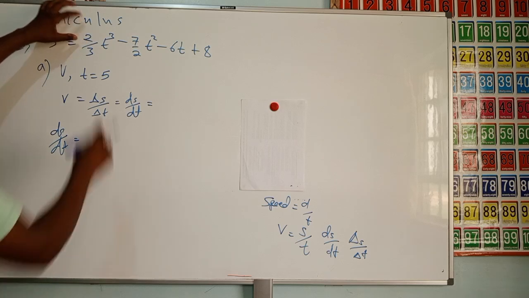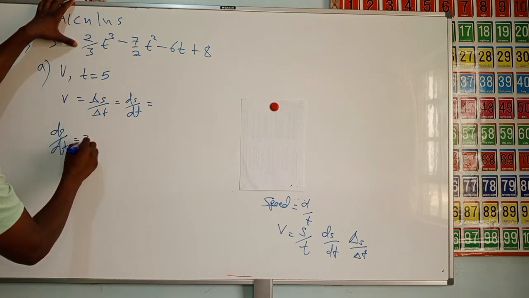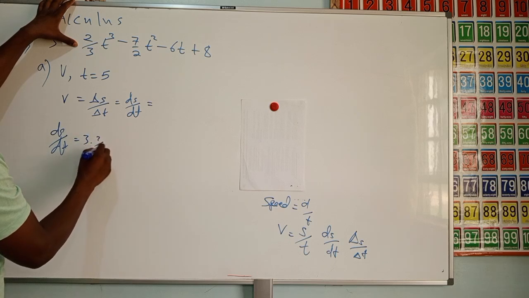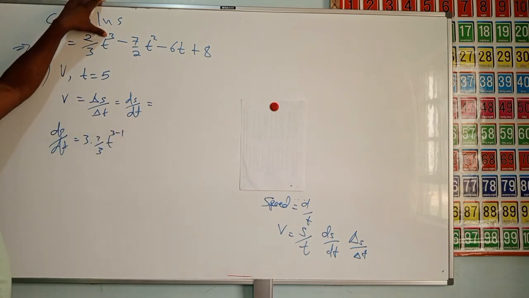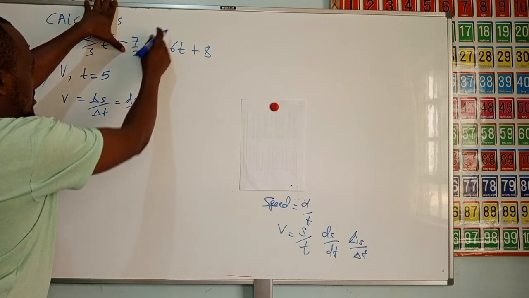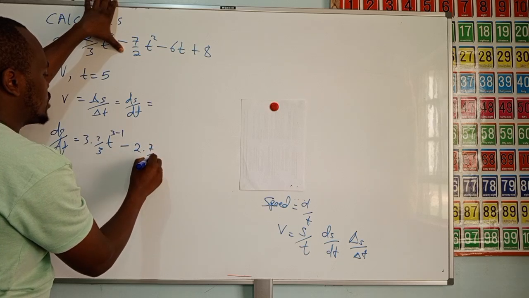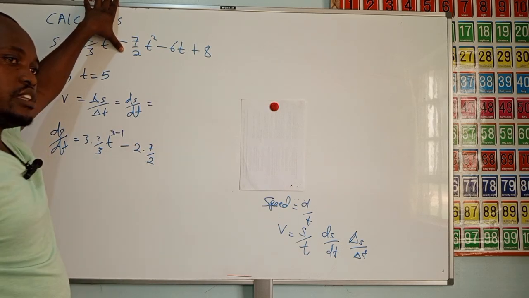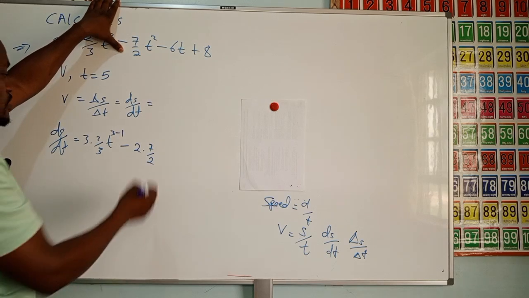You bring this here, the 3, you say 3 times 2/3. Then t, if it was 3, you minus 1. You go next, minus this one, 2 times 7/2. You note that in this question you can put a dot to imply times or a multiplication.